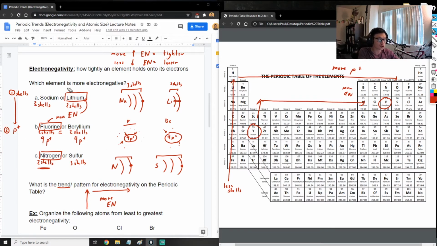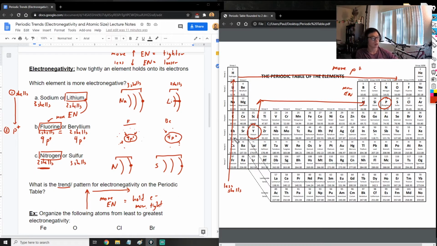But make sure you still know this method, because it will help you explain your answer, and also help you with more complex problems like the one we're going to do in a second. Just remember, as a general rule of thumb, as you go up and to the right on the periodic table, they're going to get more electronegative and hold the electrons more tightly.